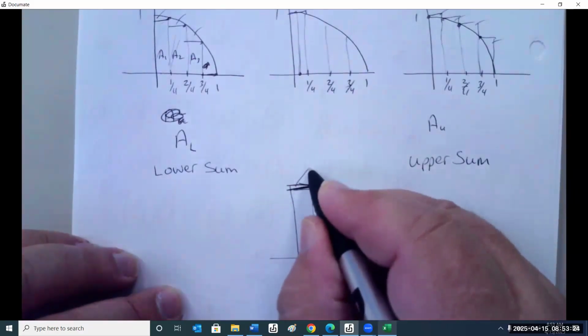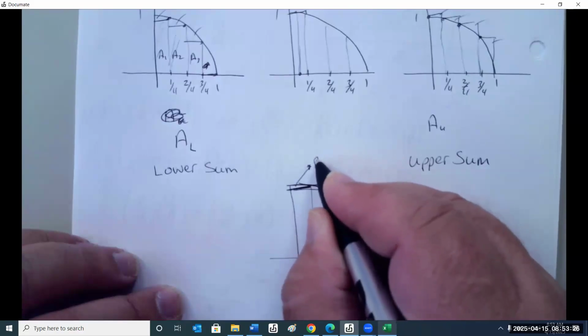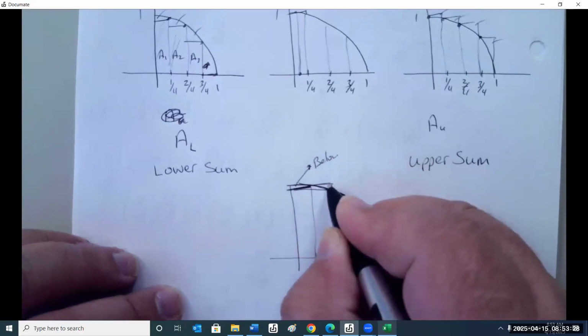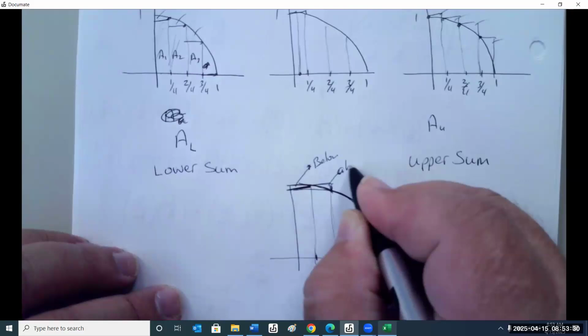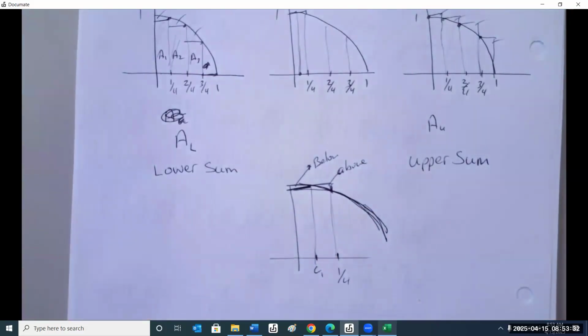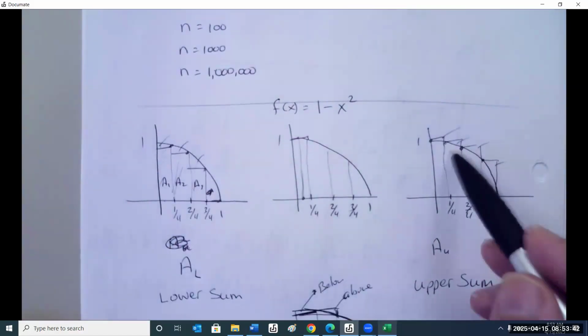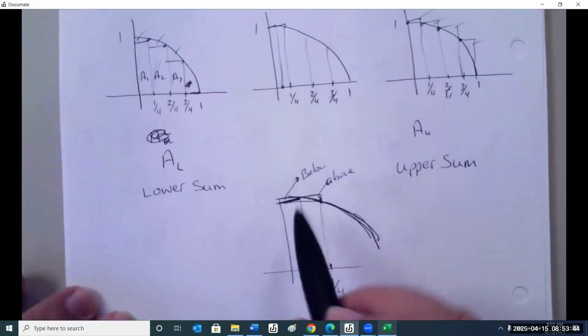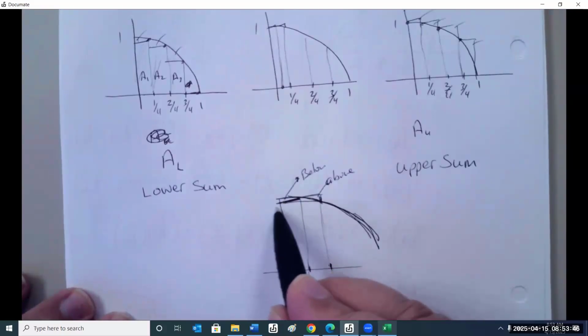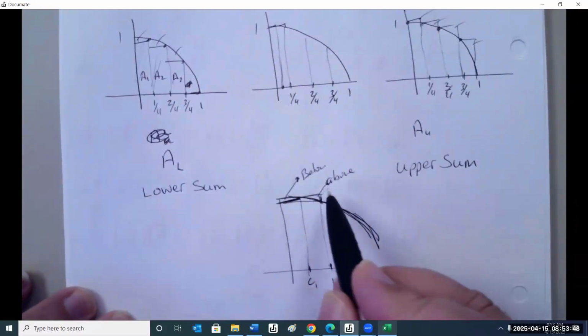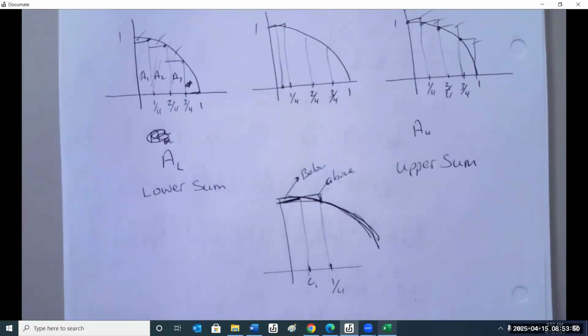This is below, and this part is above. With these, we wasted all this area. We had too much area, but this way, this area that's not enough and this area that's too much will eventually wash out.